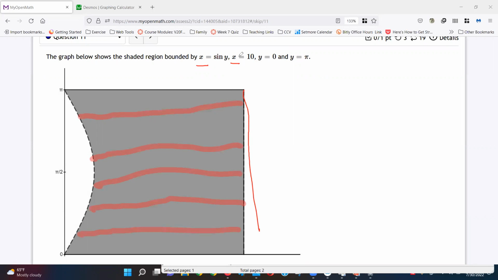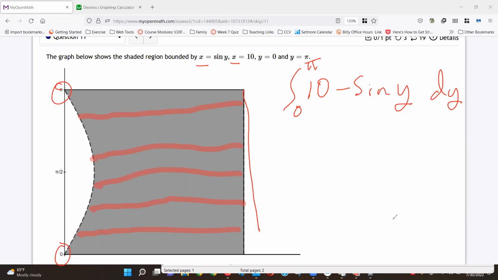So what I've got here is 10 minus sine y. That's that distance, those red lines that I put in there. And then I integrate that from 0 until pi, and then dy, because we're going along the y-axis.